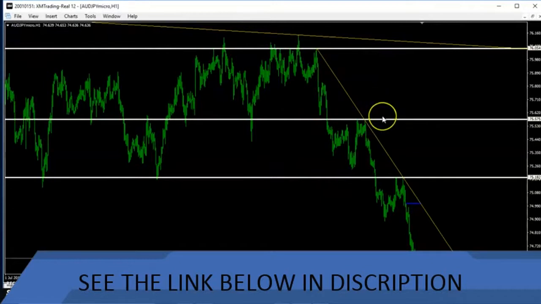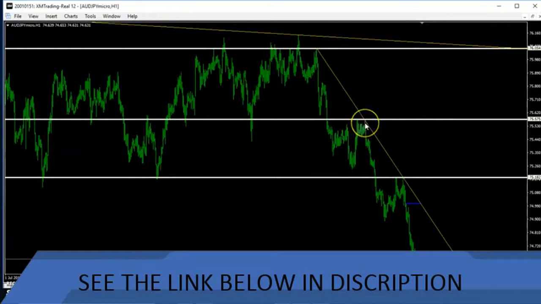Trend line broken from somewhere, but price went to do a retest of the trend line. Now we have trend lines here, we have a trend line here, the top it was leaving behind while it was going down. Now look, what will price do?